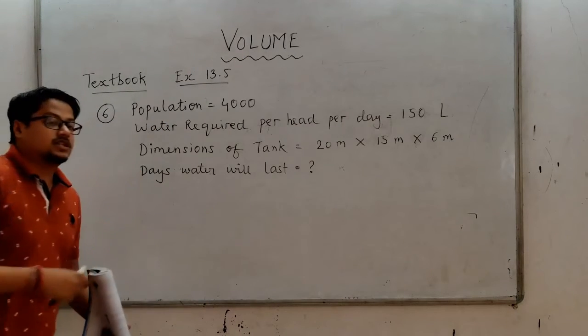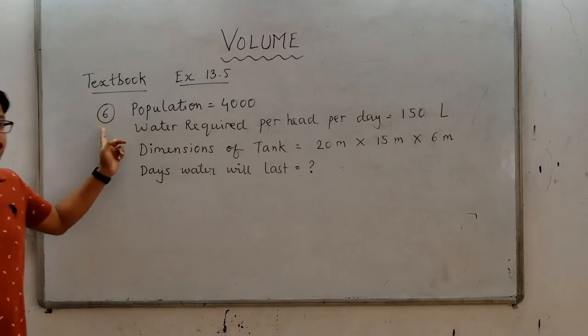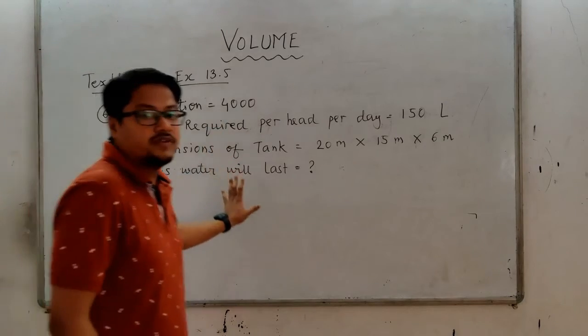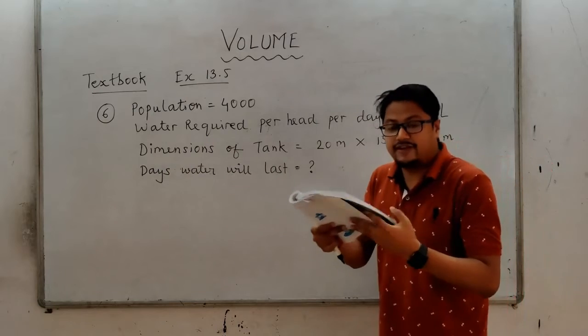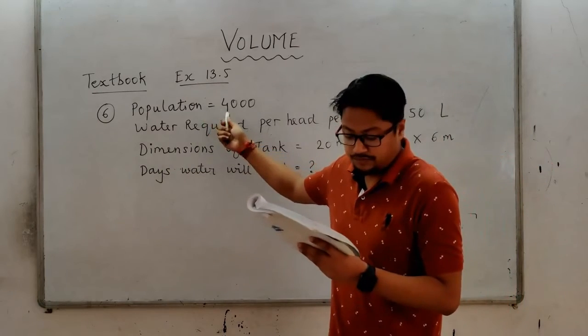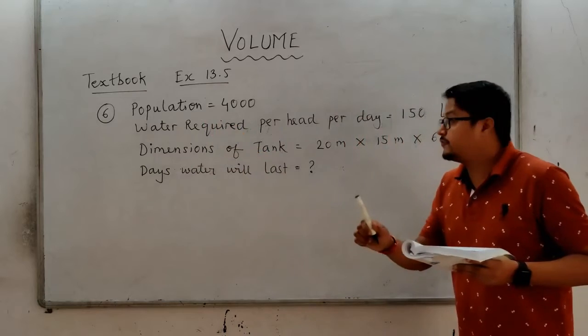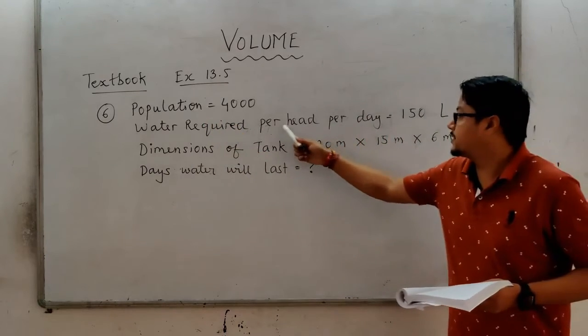Okay, so let us see the third sum of this exercise, that is question number 6. Before I go on with the details, let me read the question first. A village having population of 4,000 requires 150 liters of water per person per day.